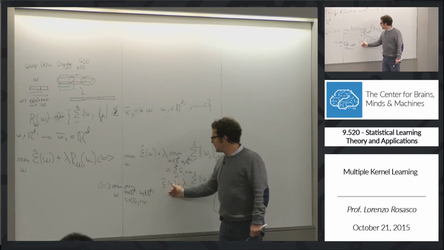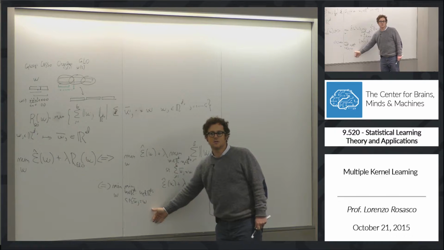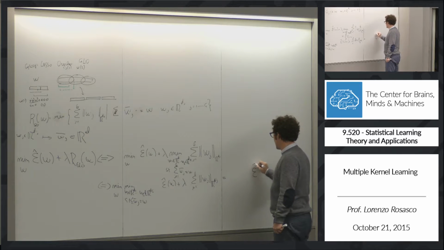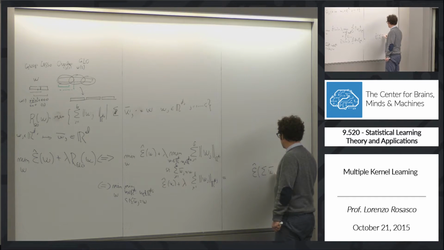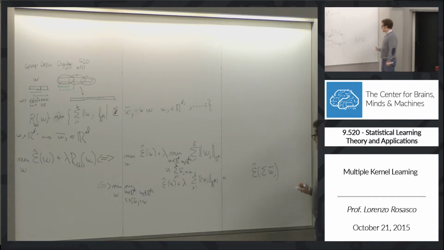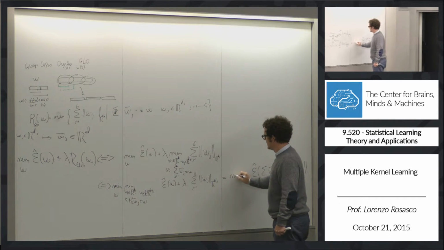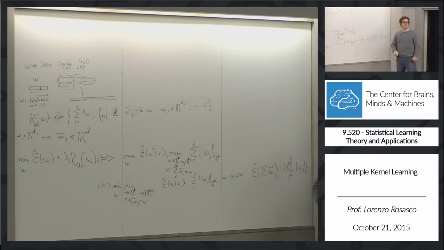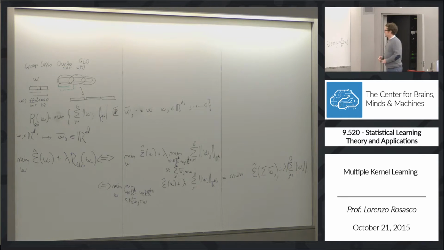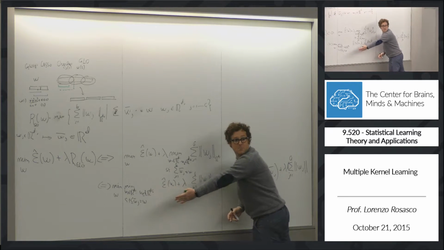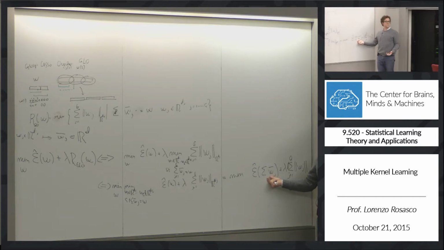By this assumption, W is exactly equal to this sum, right? So I can rewrite this as E hat of the sum of the Wj plus lambda times the sum of the norms of Wj, j from 1 to G. And here I have to put the minimum. Notice what I did here is that I said, this W is exactly equal to the sum, so let me just put here, instead of W, the sum.